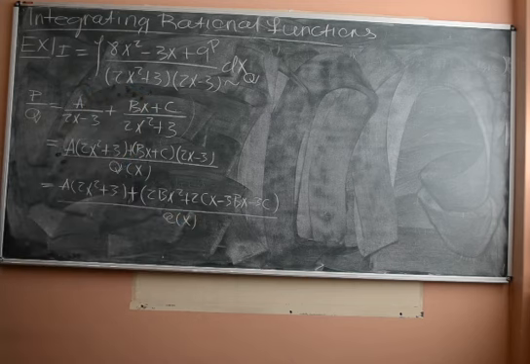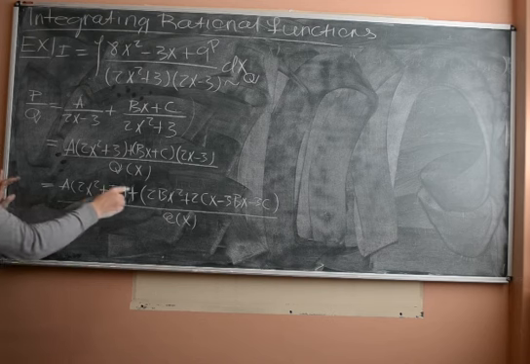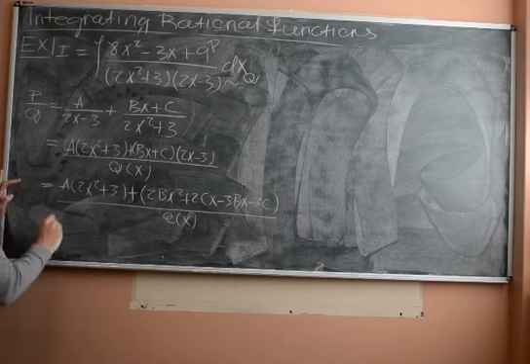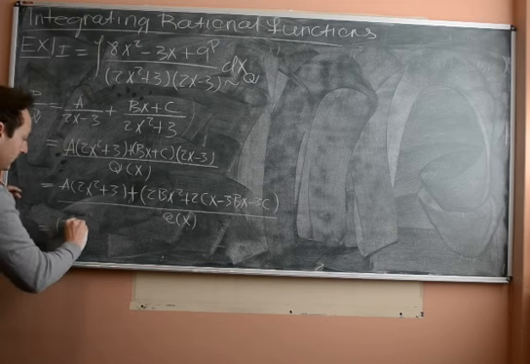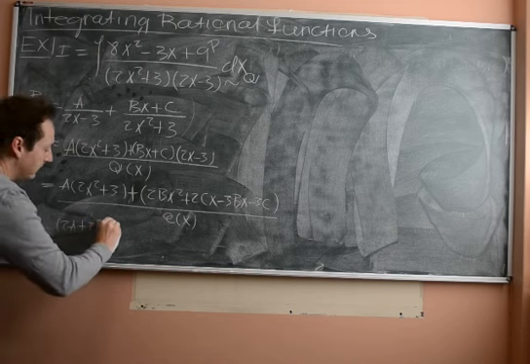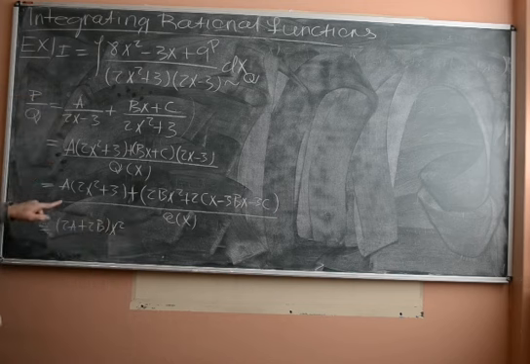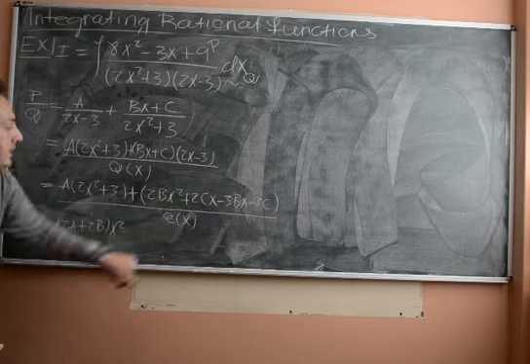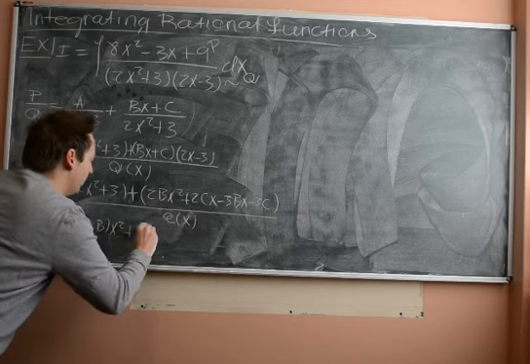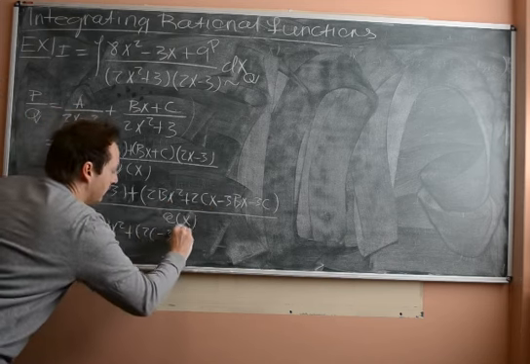And now lastly, we group the like terms together. Looking at the x², we have 2a and a 2b, so we get (2a + 2b)x². For the x's, we have no a x's, but we have a 2c and a minus 3b, so (2c − 3b)x.